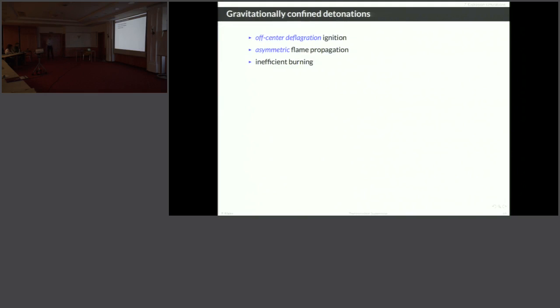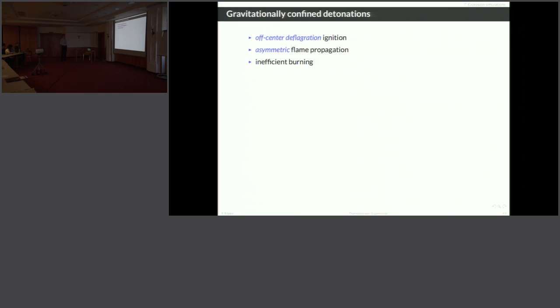Okay, so there are other variants of delayed detonations in Chandrasekhar mass white dwarfs that don't rely on a spontaneous transition of the flame from deflagration to detonation, but on other mechanisms. One of these is the gravitationally confined detonation scenario that was proposed by the Chicago group.